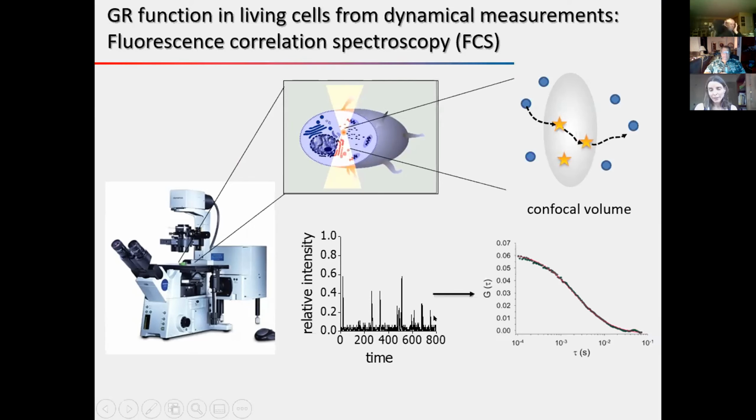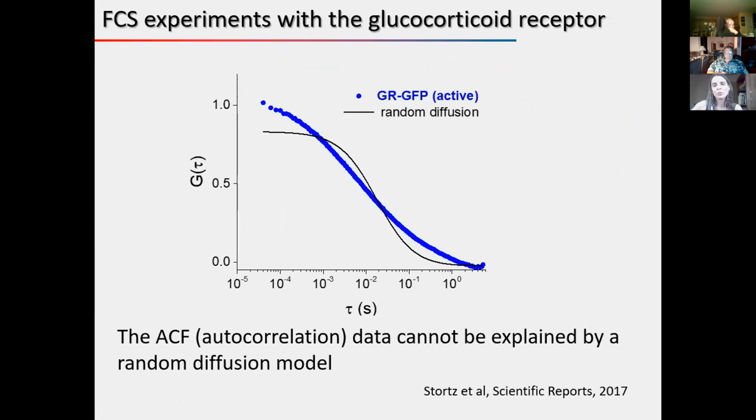By doing an autocorrelation analysis, you can get these autocorrelation curves. Analyzing these curves theoretically, you can obtain information, for example, regarding the mobility of these molecules in the confocal volume. So we started our analysis by doing FCS with the glucocorticoid receptor.